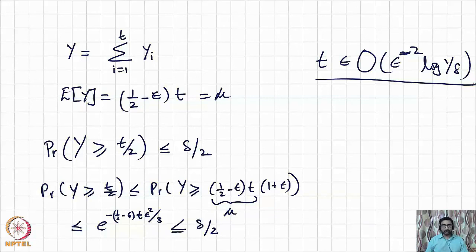And finally, we have looked at the problem of finding an approximate median from the stream using a very small amount of memory, in particular O of epsilon to the minus 2 times log 1 over delta memory and a single pass to find an epsilon approximate median in our stream.